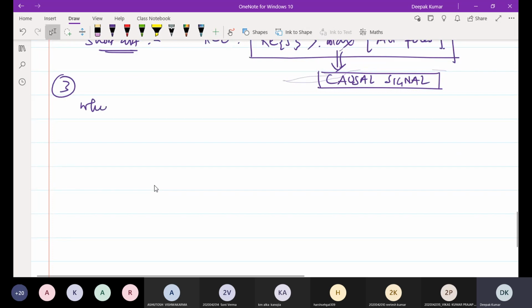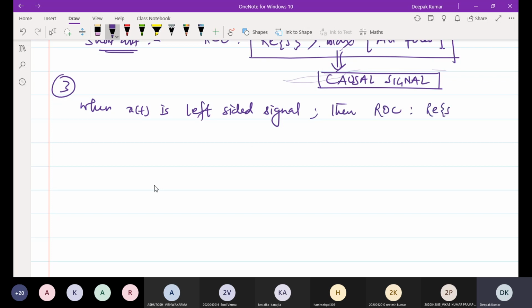When x of t is a left-sided signal, then ROC will be the real part of s less than sigma.